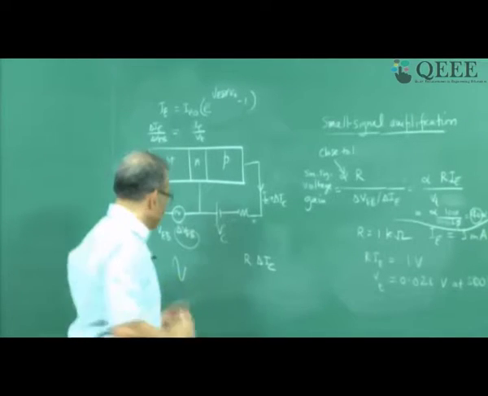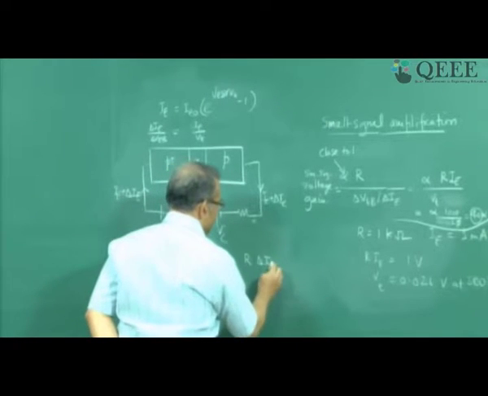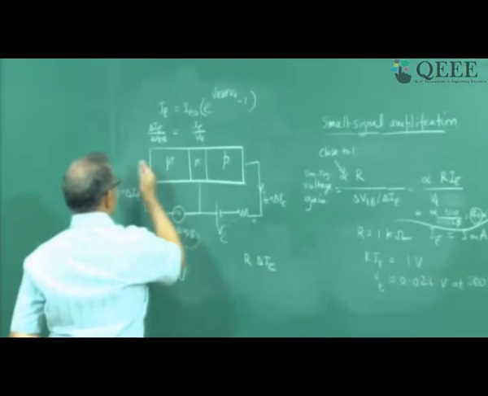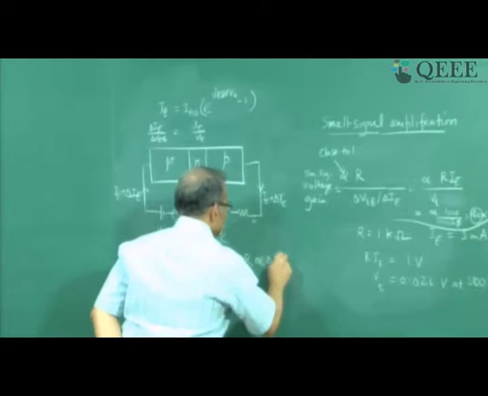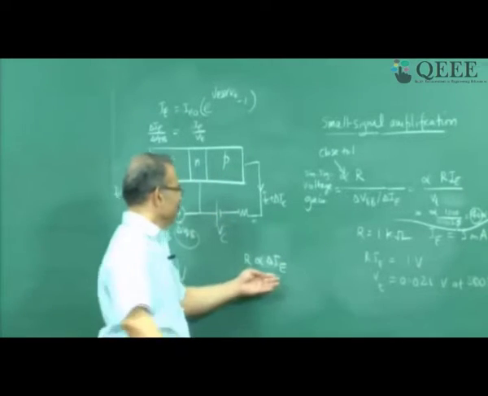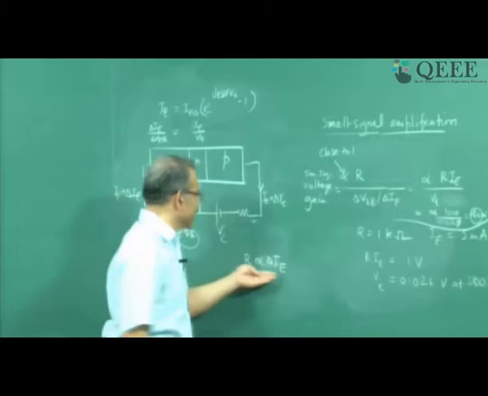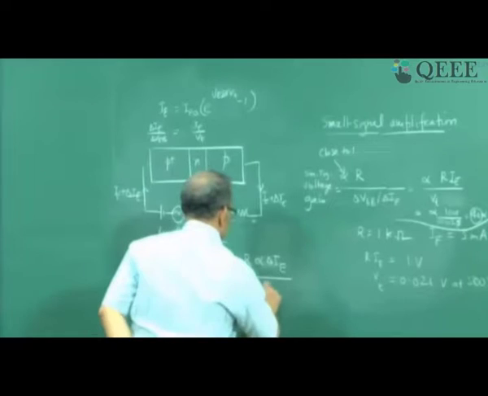Then let us take the ratio. Now what is delta IC? Delta IC is nothing but alpha times delta IE, because IC is obtained from IE. So I will replace delta IC by alpha into delta IE. Is that clear? So I should take the ratio of this to delta VEB.